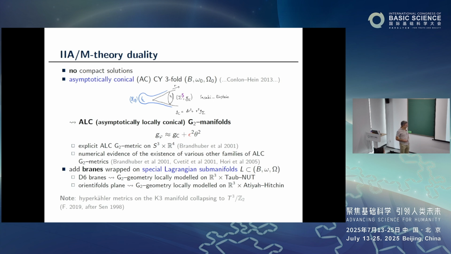And there are two relevant types of branes here: D6 branes, that in M theory lift to geometry that's locally R3 times the Taub-NUT metric, where R3 is basically the tangent space to the special Lagrangian, and orientifold planes, which are modeled instead on R3 times the Atiyah-Hitchin metric.